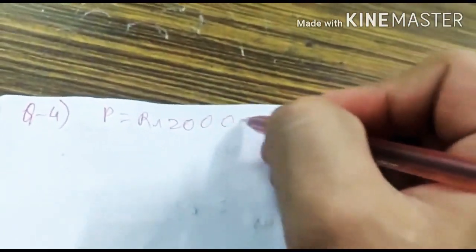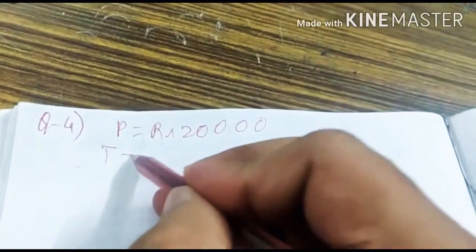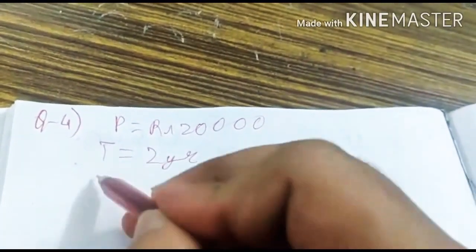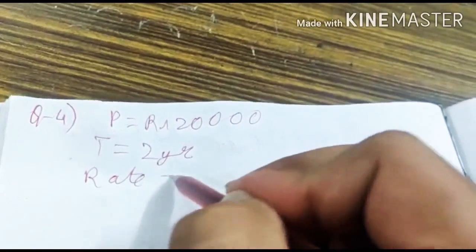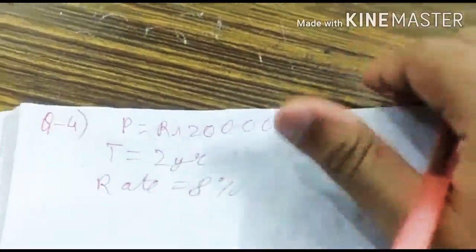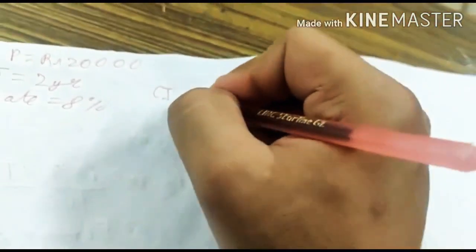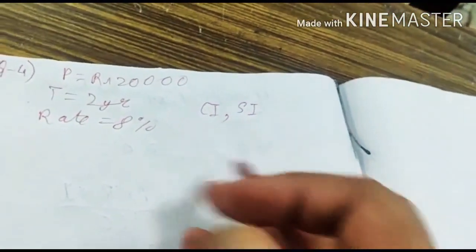So we have to find SI, CI, and we have to just subtract them.